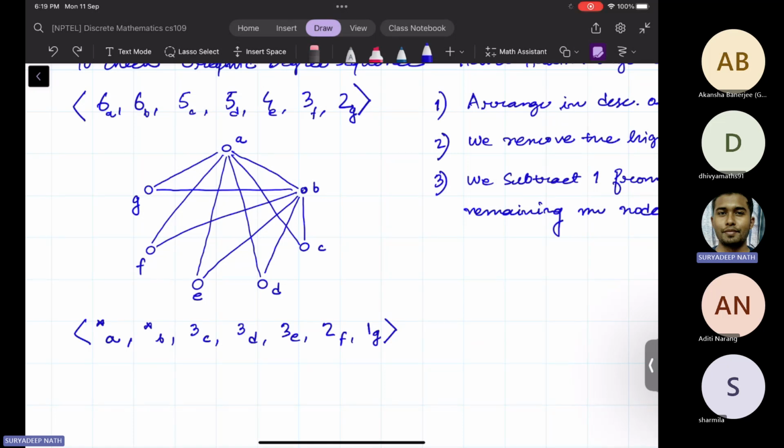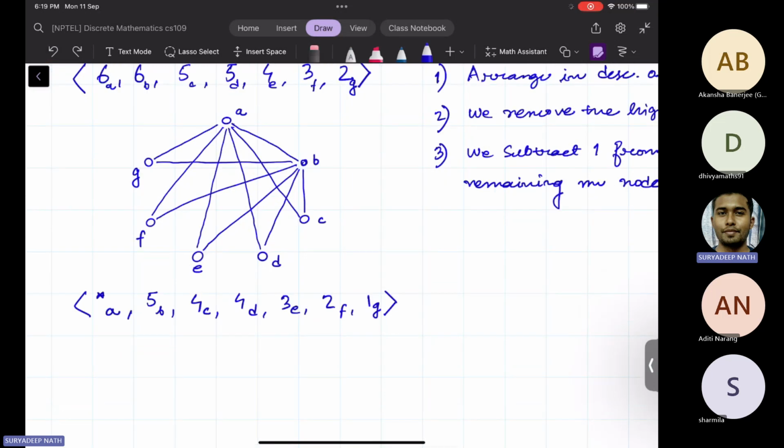I'll write it in separate steps so that it's easy to follow. This next step becomes star a, star b, then we have 3c, 3d, 2e, 1f, and 0g. It means that we do not have to add any more edges to node g.